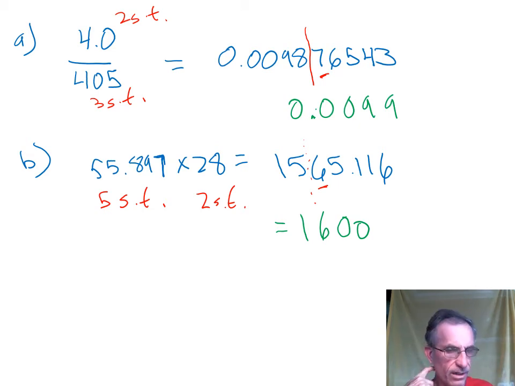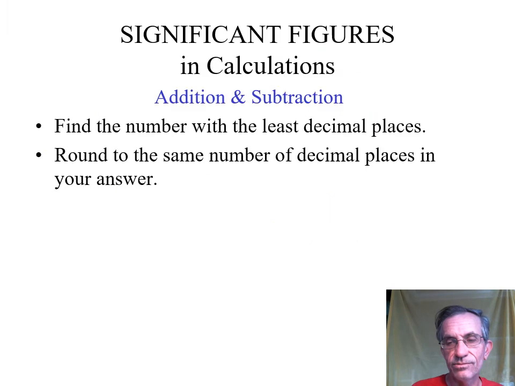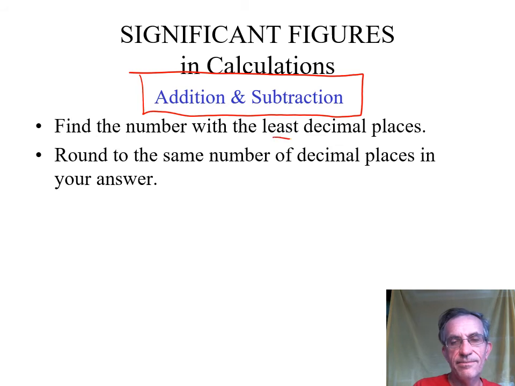All right. There's one more rule I want to show you. And then, like I said, we'll have a chance to practice this in Zoom too, but you got to at least be familiar with it, right? That rule is that there's a different rule for adding and subtracting. If you're not multiplying or dividing, you're adding and subtracting, you find the number with the least amount of decimal places.